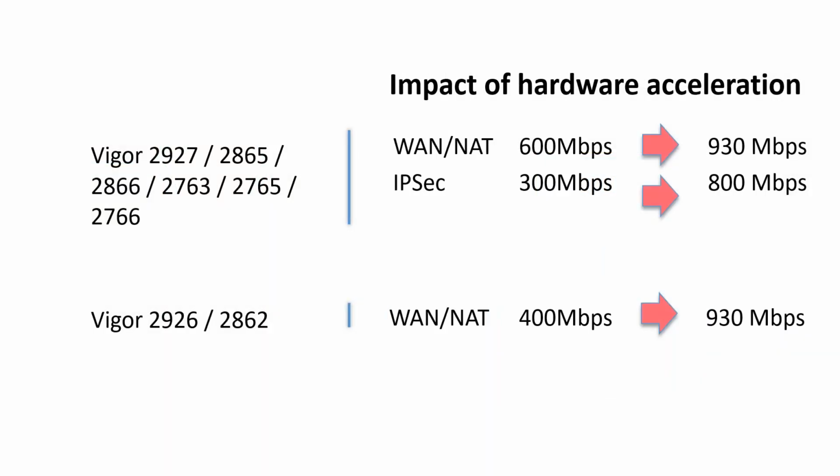Let's take a look at what this means in practice if hardware acceleration is enabled. The current range of products, the 2927, 2865, 2866, 2765, 63, and 66 obviously as well, can deliver up to 600 megabits per second. And with hardware acceleration enabled, over 900.